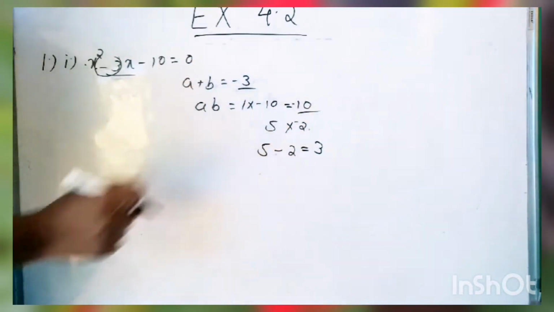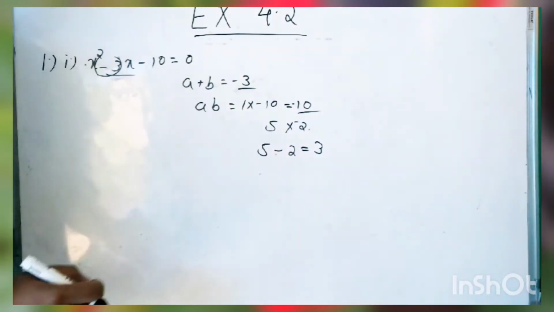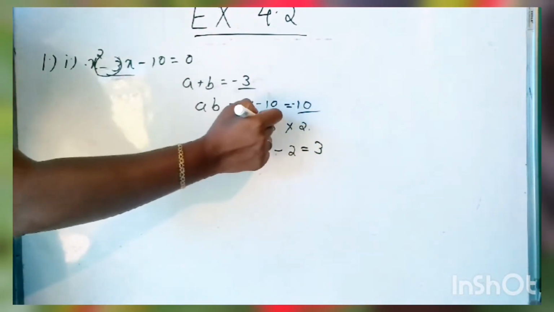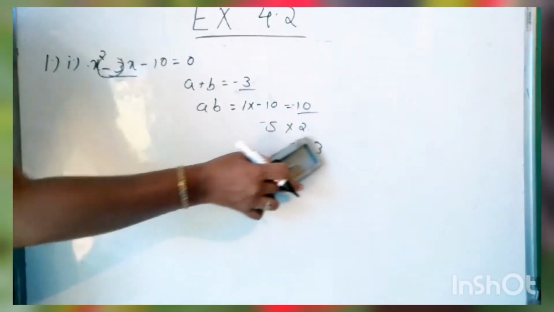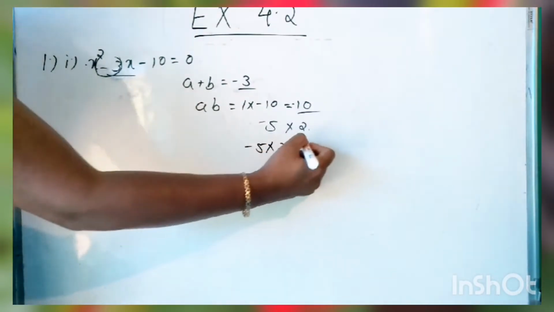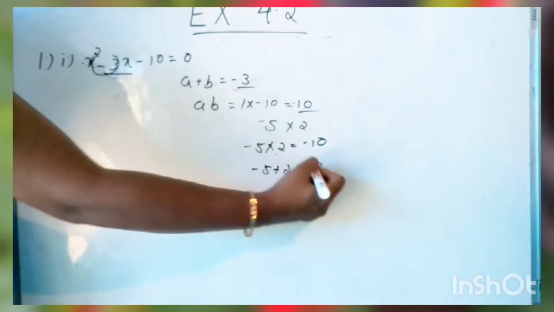We need the sum of the two numbers to be minus 3, but here we got 3. So this is not possible. So we will put that minus with 5. So minus 5 into 2 is equal to minus 10 and minus 5 plus 2 is equal to minus 3.